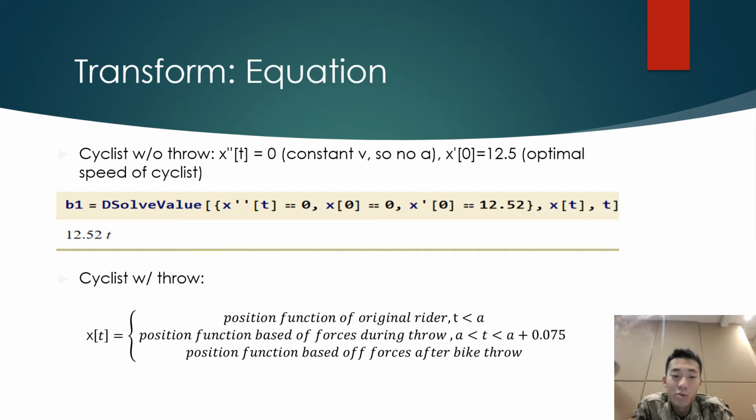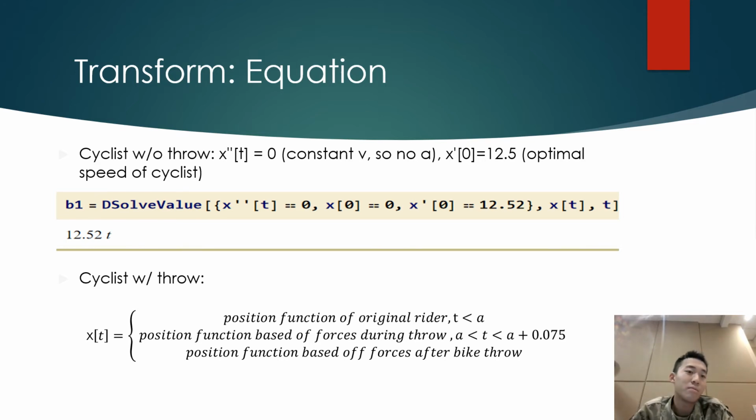The second piece will be the position function based on the forces acting on the bike during the throw, and that will happen when t is greater than a and less than a plus 0.075. The reason for that duration is that it is the calculated time for a bike throw to actually be executed. And then the last piece of our function will be the position function based off of forces after the bike throw.